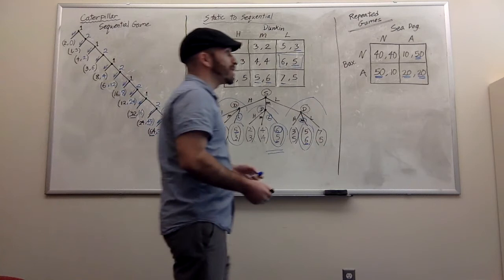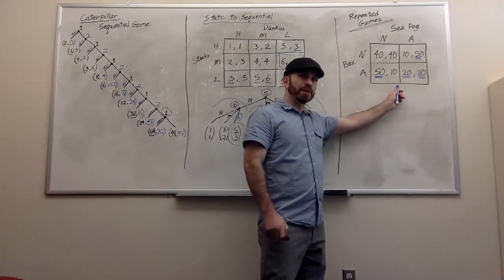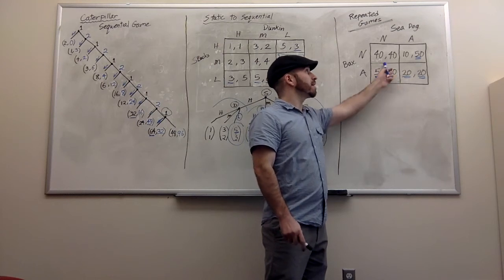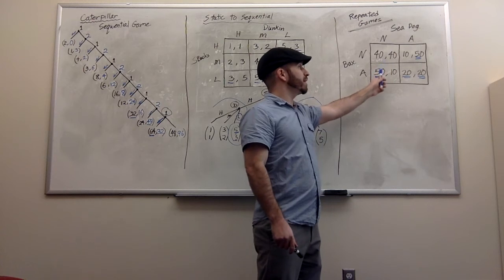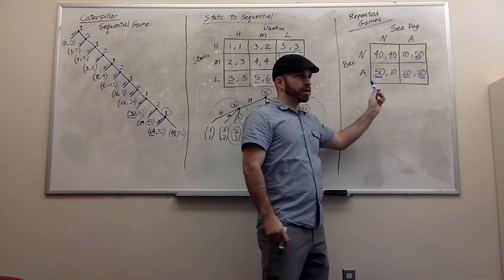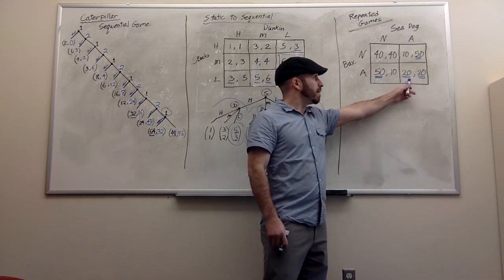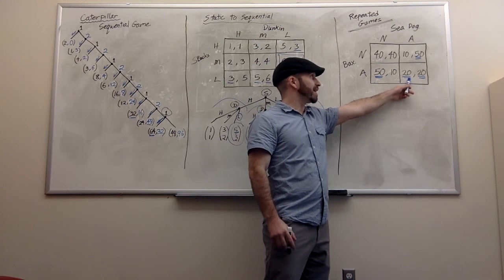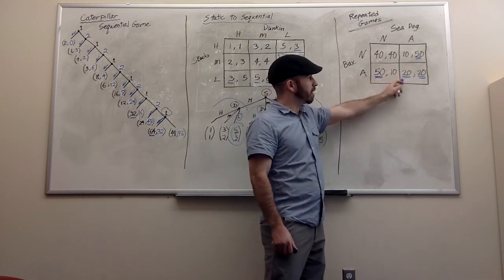And the problem with trying to sustain it is I know that in the 12th month, in the last month, we've been collaborating every month, but in that very last month, there is no longer any future periods where you might punish me by us both advertising for all of the future periods and reducing our profits.